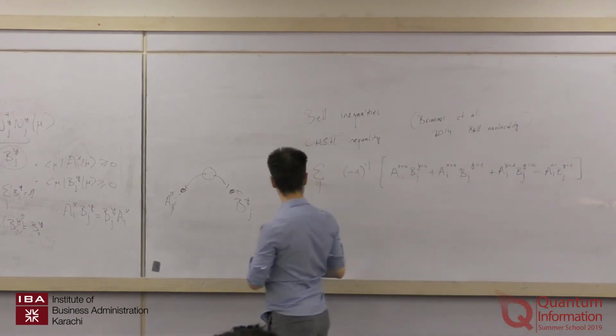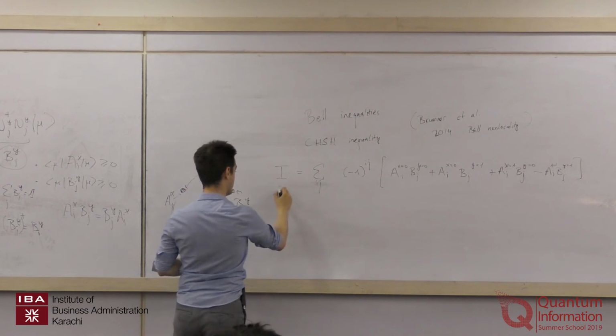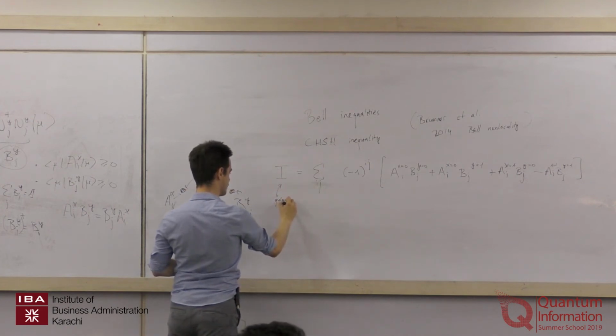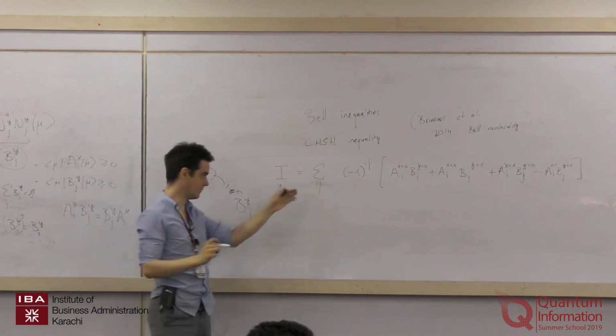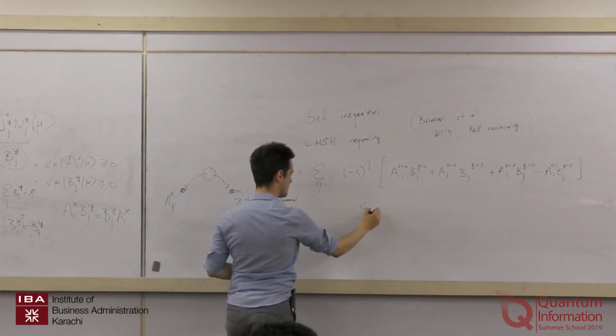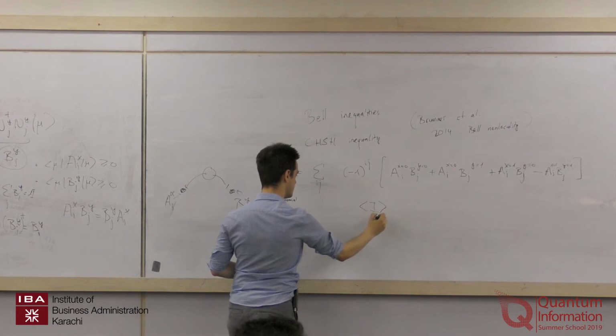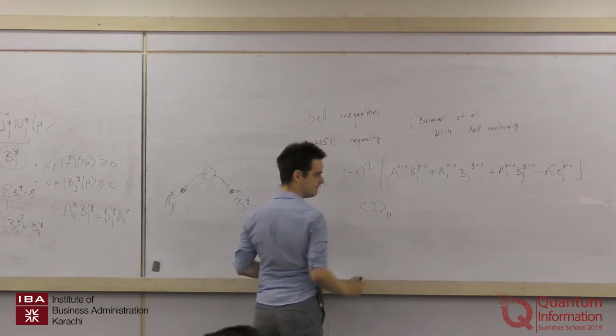So this is just a polynomial in those operators. And what I can do with this polynomial is just evaluate it using the state mu.